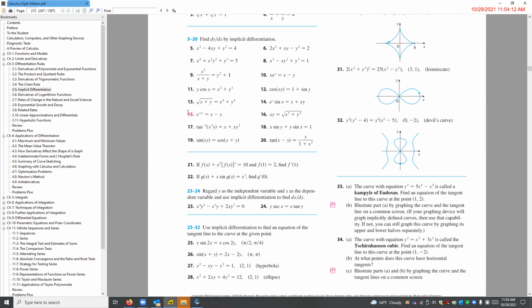We're given the inverse tangent of x squared times y, and we're told that that's equal to x plus xy squared. I want to find dy dx.